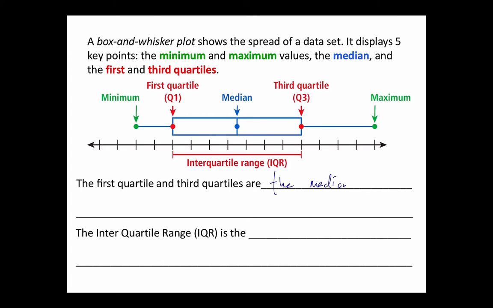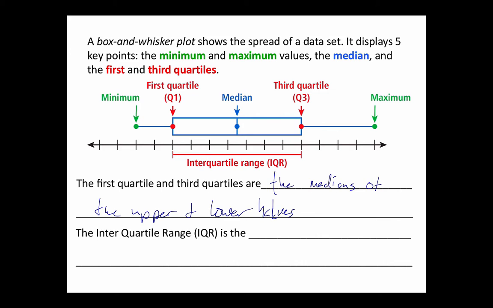So the median divides the whole data set into 2 halves. When the median cuts the data in half, you can look at the top half, the values higher than the median, and then the lower half, and find the medians of those halves.